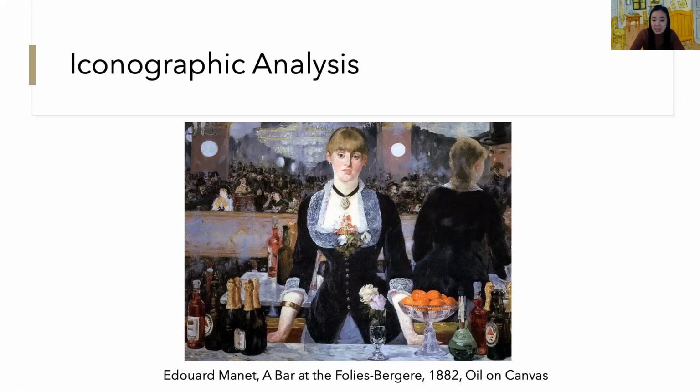So one of the hidden meanings is the orange on the right bottom side. So that symbolizes prostitution in his painting. What was the symbol of prostitution? Yes, the oranges.